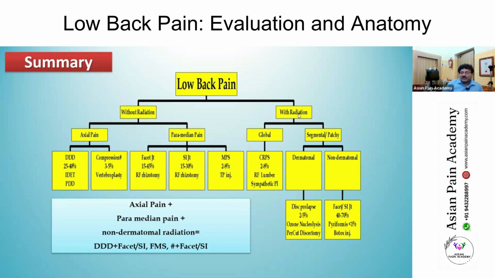If the pain is with radiation, with global non-dermatomal radiation, there could be a possibility of a complex regional pain syndrome of the lower limb. And if there is a segmental or patchy dermatomal pattern, there could be a disc prolapse. And if it is non-dermatomal, there could be facet or SI involvement. Remember, non-dermatomal radiation might happen in facet, SI pain or piriformis syndrome as well.